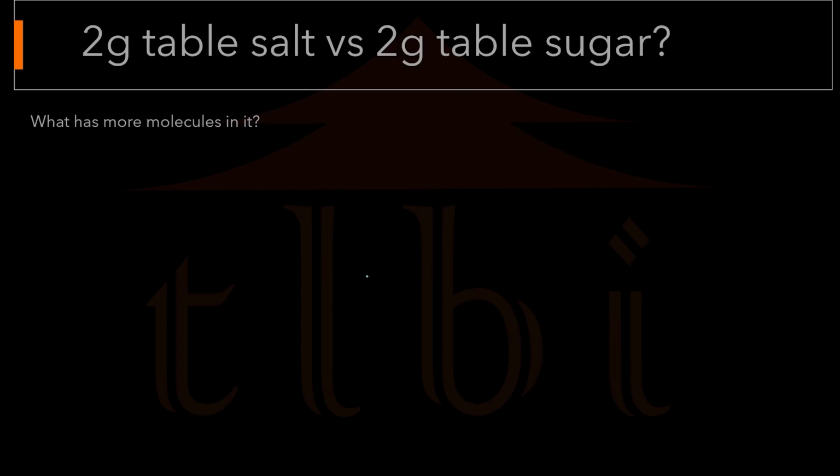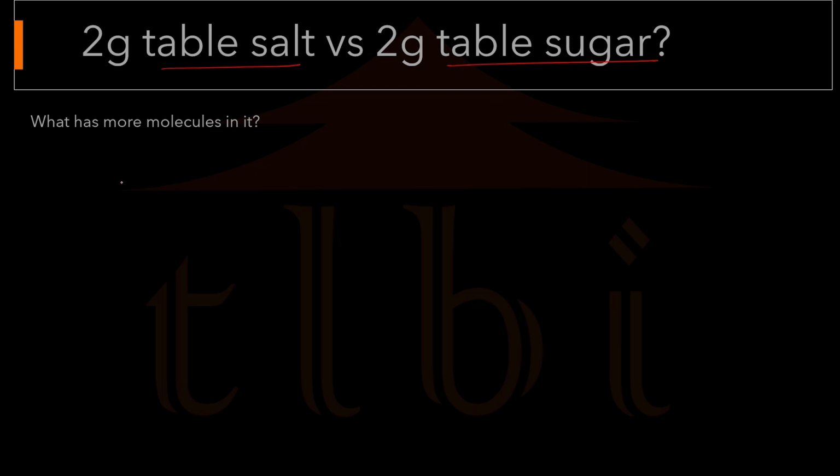All right, let's look at another question. Now let me change color to red. Now you are taking 2 gram of table salt and 2 gram of table sugar, and which one has more molecules?